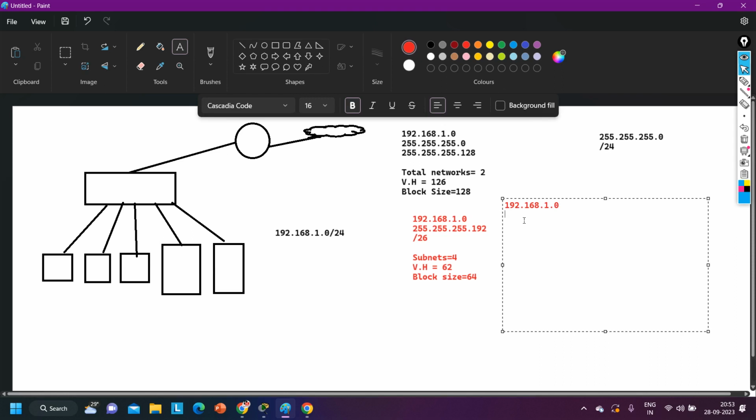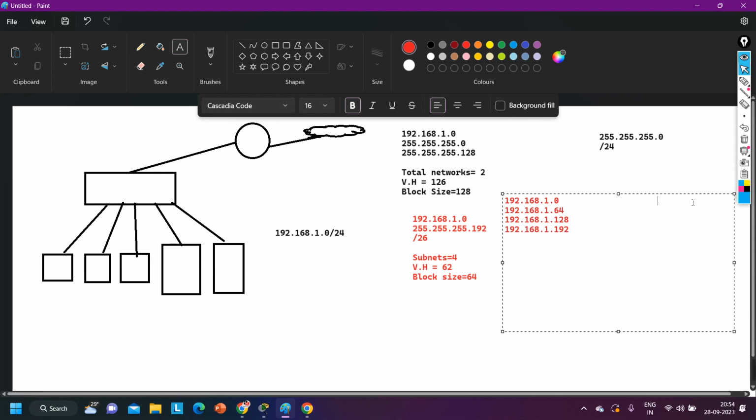Second network: 192.168.1.64. Third: 128. Fourth: 192.